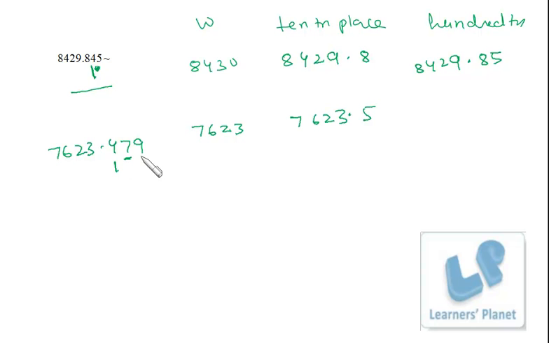The nearest 100th, see the third digit after decimal, it is more than 5, so add 1 over here. So that is 7623.48. So you find it very easy and interesting also.